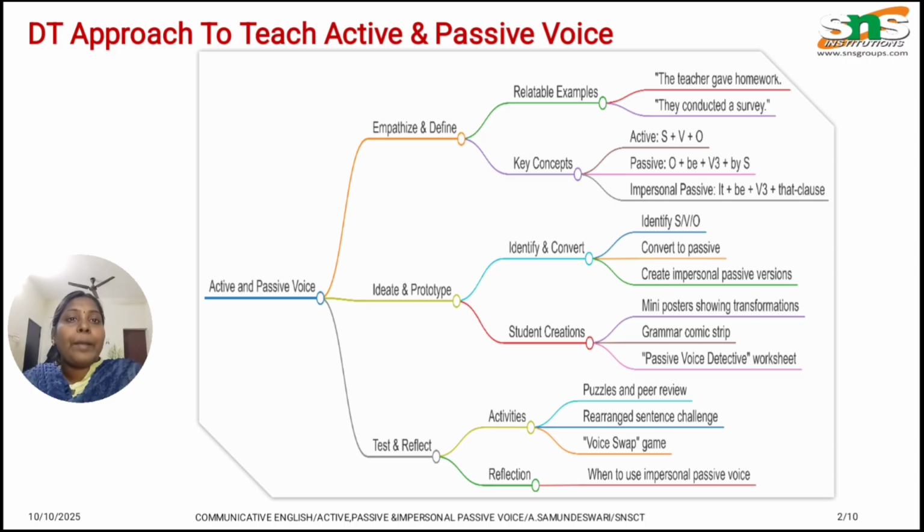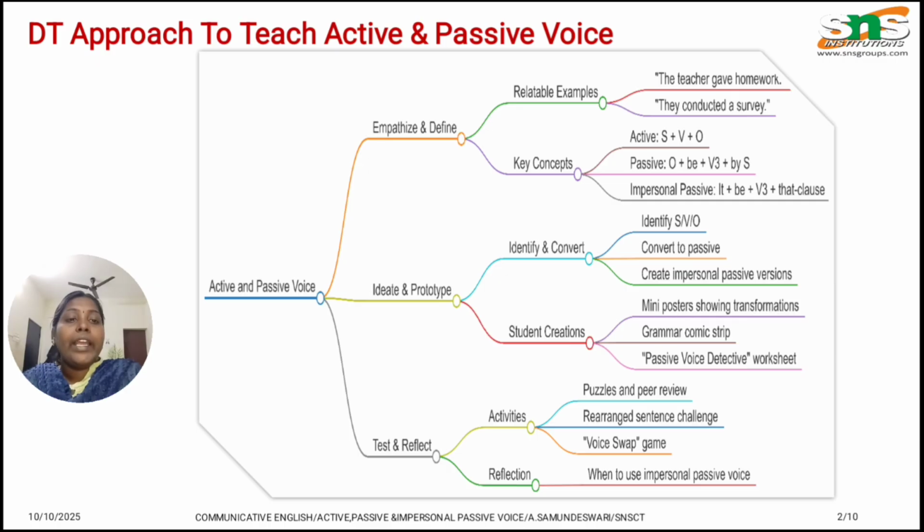Here we are approaching these three topics with the help of the design thinking concept. The five stages will be explored with relatable examples and key concepts, such as how to construct a sentence, or how to identify the voice of a sentence.